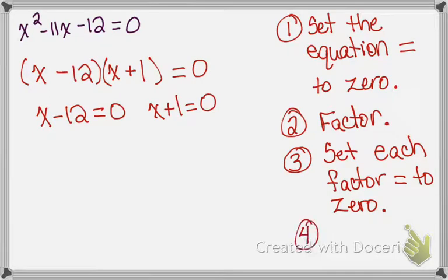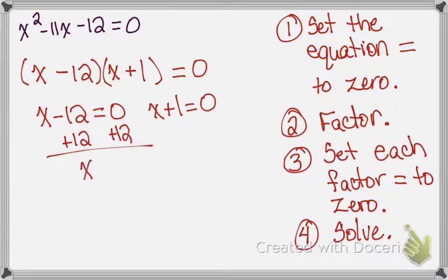And my fourth step is to solve each one. You're going to solve twice. Okay, so I'm going to say plus 12 to both sides on this one. I get x equals 12. I'm going to subtract 1 on both sides, and I get x equals negative 1.